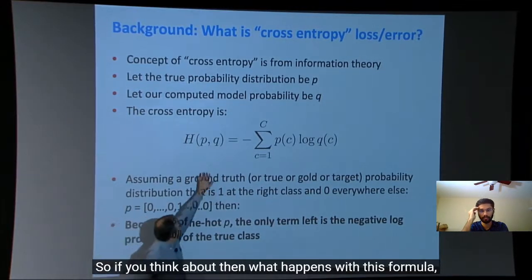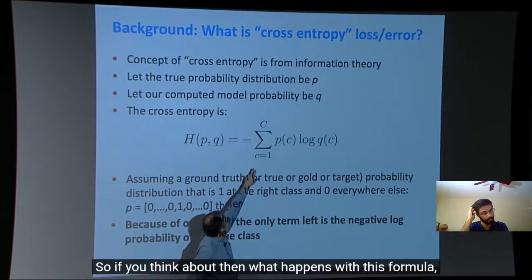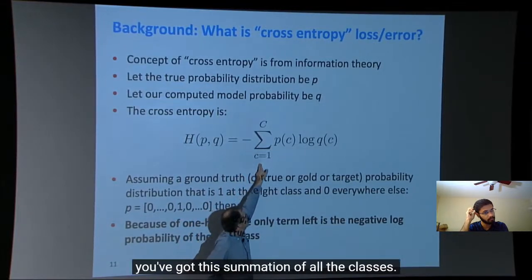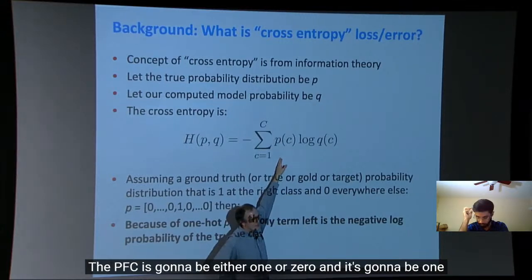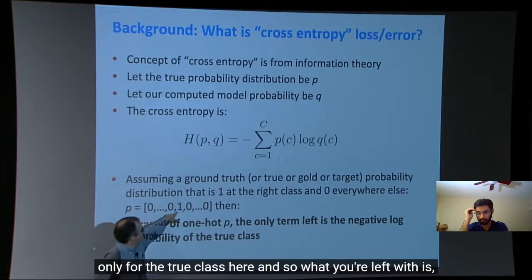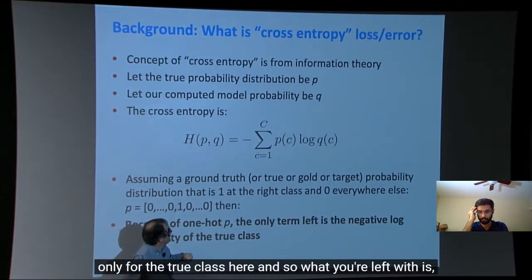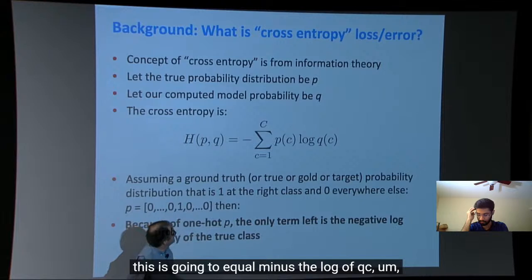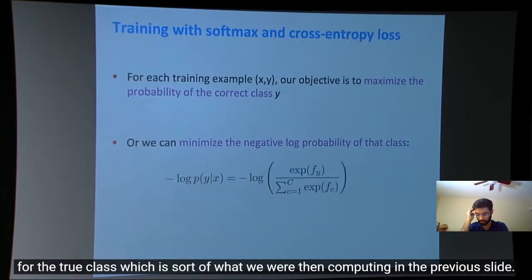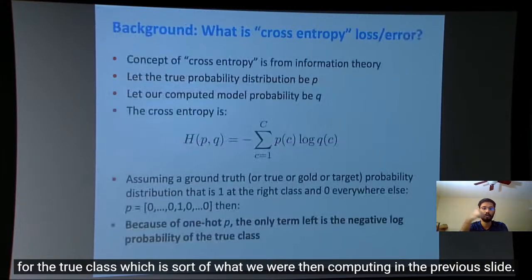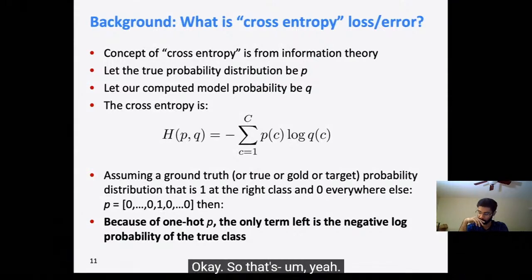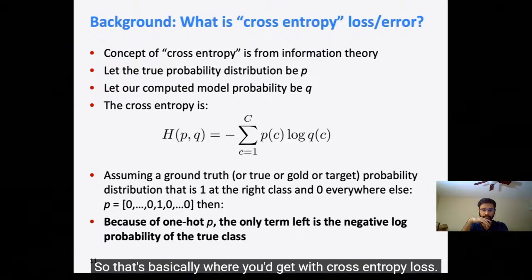If you think about what happens with this formula, you've got a summation over all the classes, but P of C is going to be either 1 or 0, and it's 1 only for the true class. So what you're left with is minus the log of Q of C for the true class, which is what we were computing on the previous slide. So that's basically where you get with cross-entropy loss.